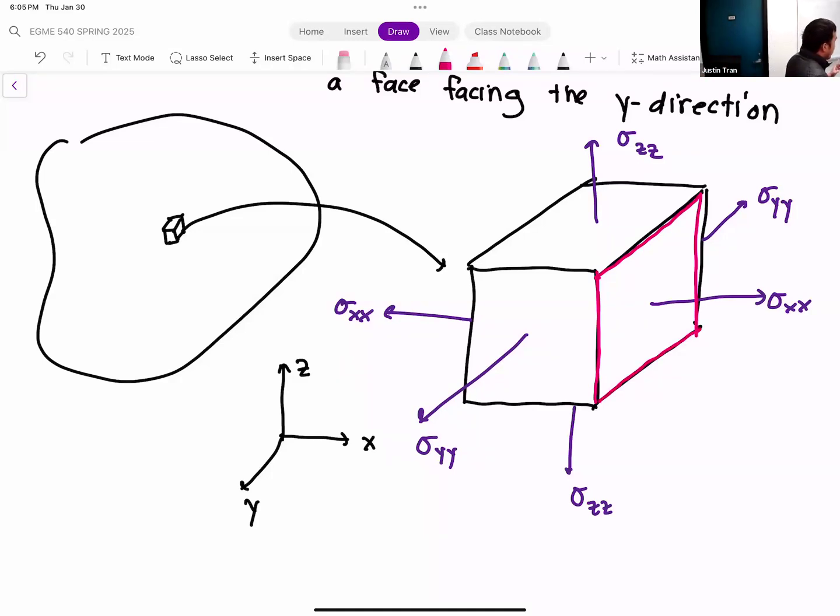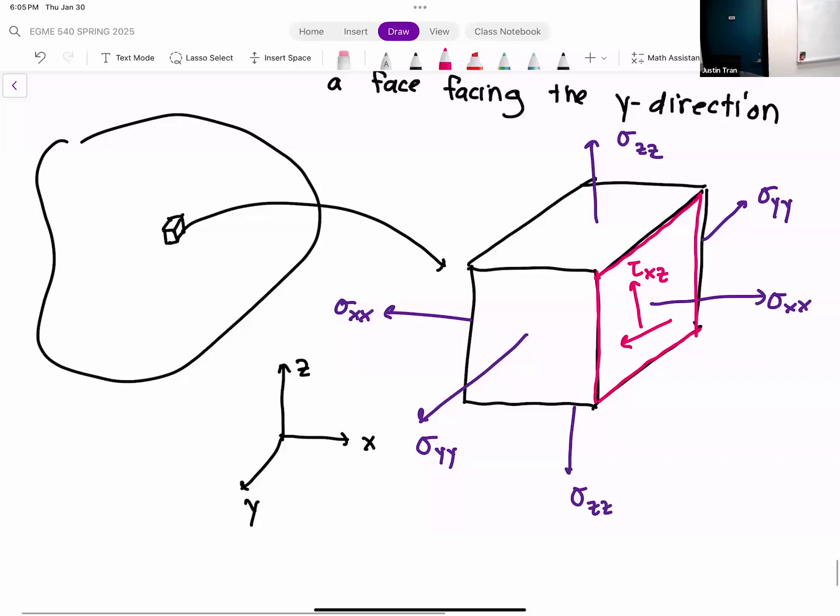On that face right there, we can have a shear stress that's going in the z direction. That here is tau xz. And we can have a shear stress that goes in the y direction that's parallel to that face.